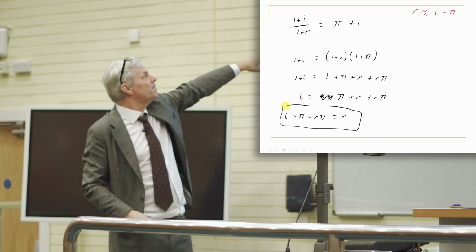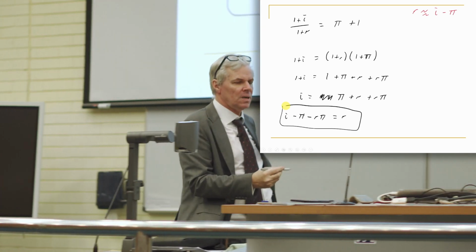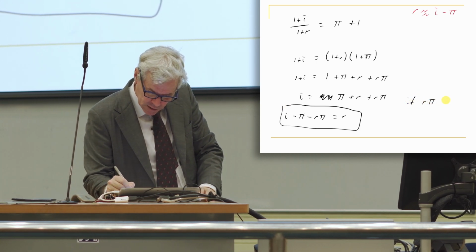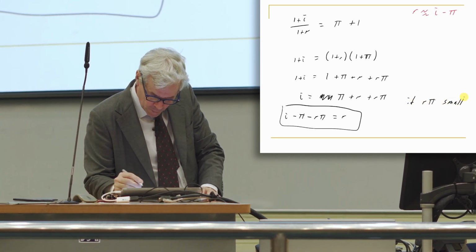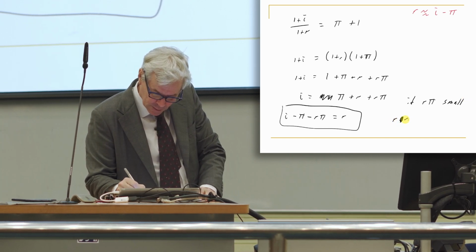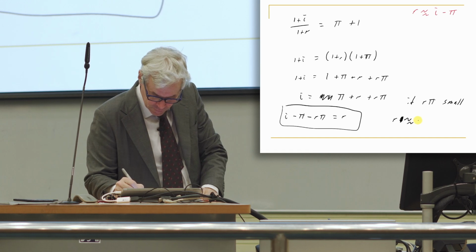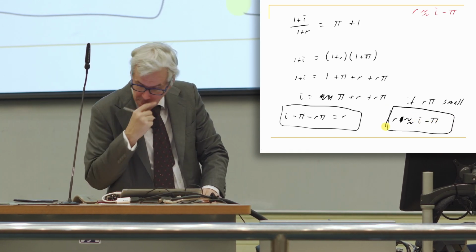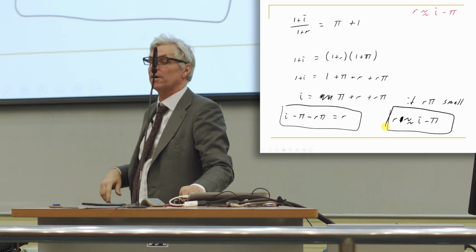So very, very small. If R pi is small, then R is approximately equal to I minus pi. And there you go. That's where we're going.